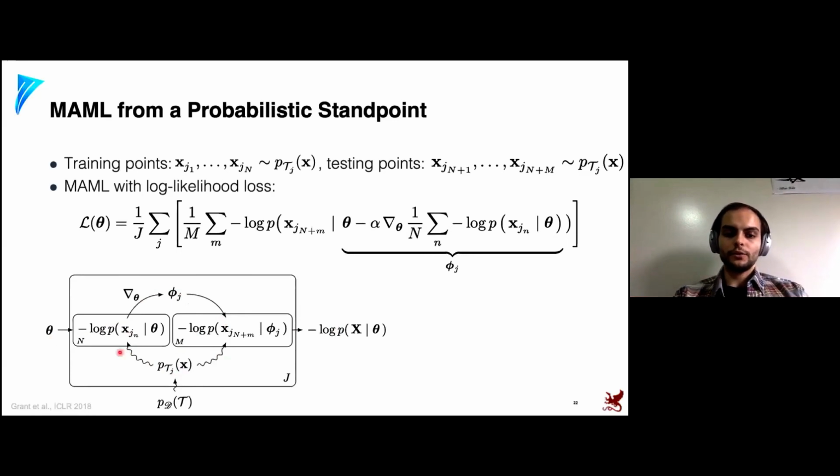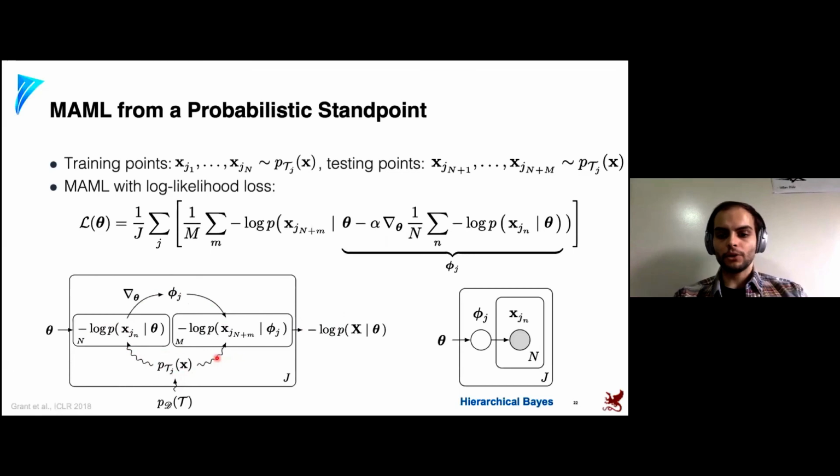Right, so this looks like a plate notation, so we can generalize this inner loop that is very specific to MAML a little bit, and more generally think of it as just a hierarchical Bayesian model, right? And in this case, in the outer loop, we have this random variable, or basically parameters, theta, and conditional on this theta we can sample phi_j.